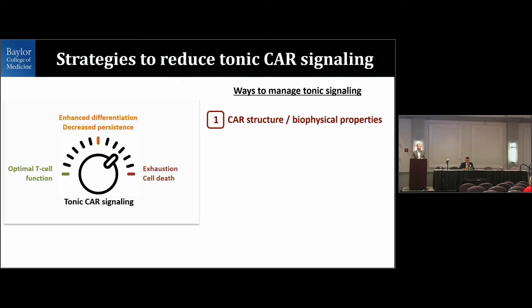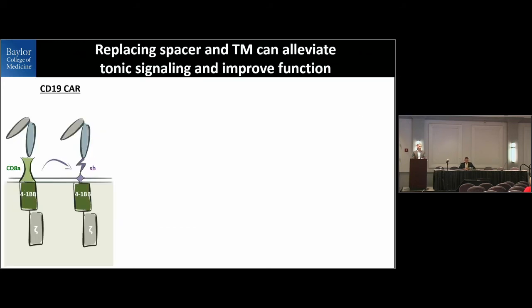I want to briefly review the strategies that we can use to reduce the tonic signaling in CARs. First is obviously to modify the structure of the CAR, because this is one of the key components that facilitates tonic signaling. Here I want to show you one example firsthand.